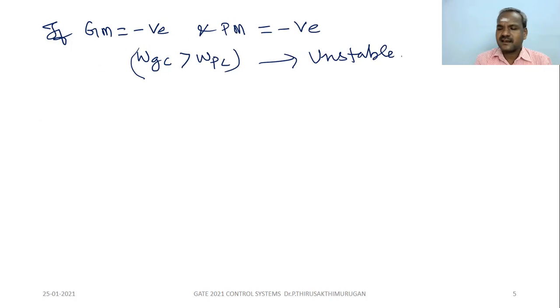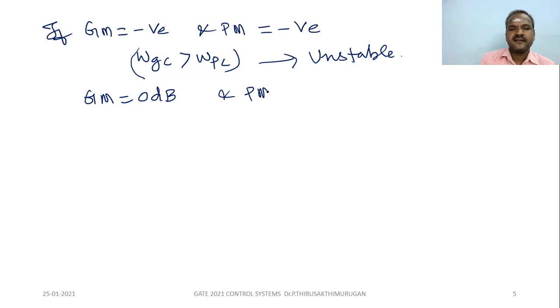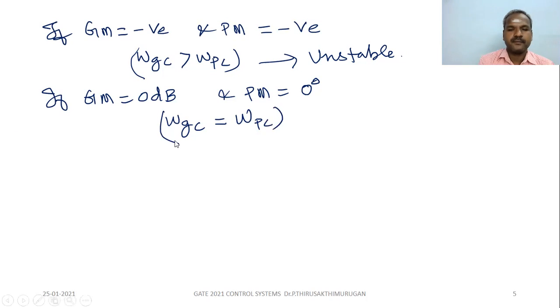Another condition: if the gain margin equals 0 dB, neither negative nor positive, and similarly the phase margin is 0 degrees, then according to the gain crossover and phase crossover frequencies, ω_gc equals ω_pc.